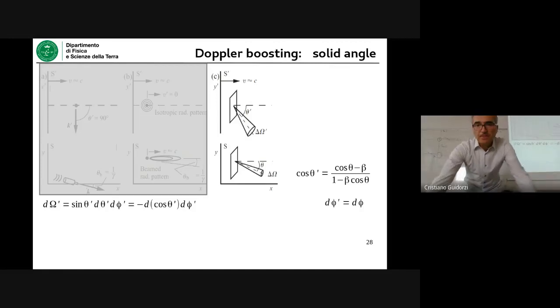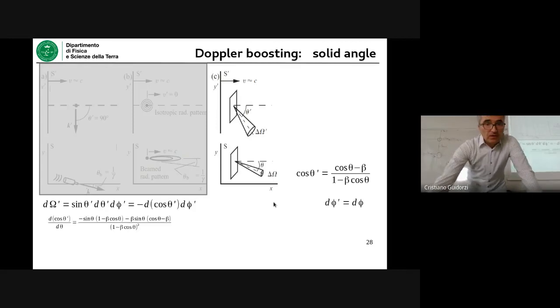So essentially, a small interval in phi, d phi, is equal to d phi prime. And then it's just a matter of deriving. If you take the formula of cos theta prime that I put here above, and you just work out the derivative with respect to theta, this is a function of theta.